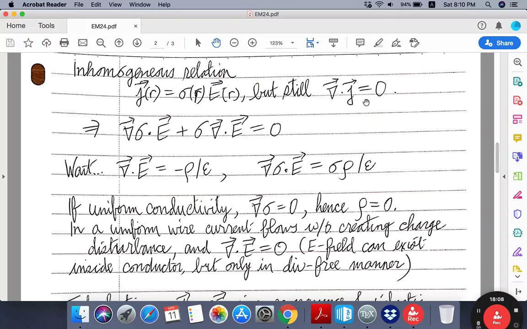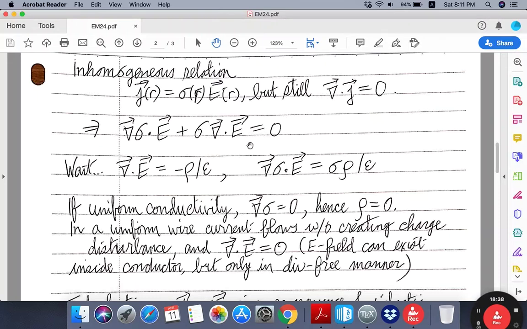Okay, so one can try and put these two equations together: divergence of the current density equal to zero, and the current density equal to some local conductivity multiplying the local electric field. Then this divergence breaks down into two separate terms, this one and this one.